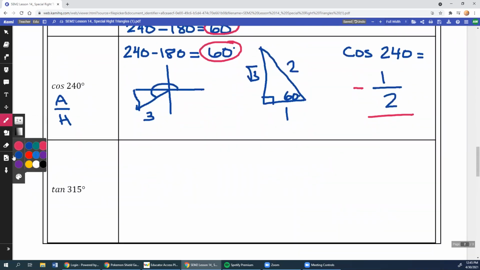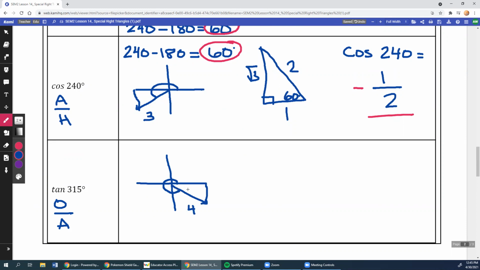Next, tangent of 315. Tangent is opposite over adjacent. So draw and sketch. So 315 is going to land us over here in quadrant 4.